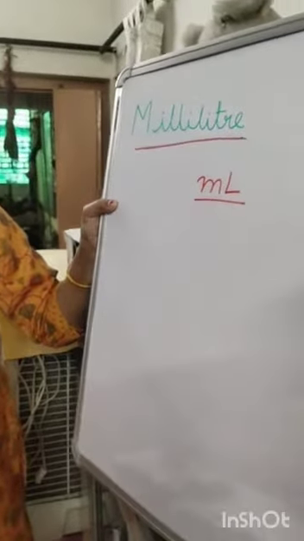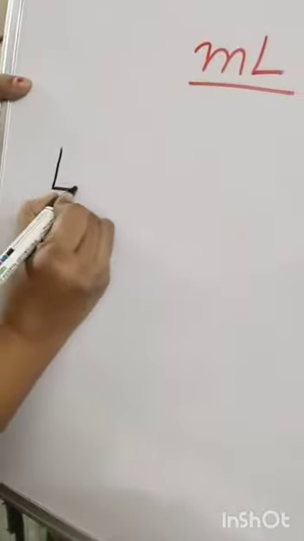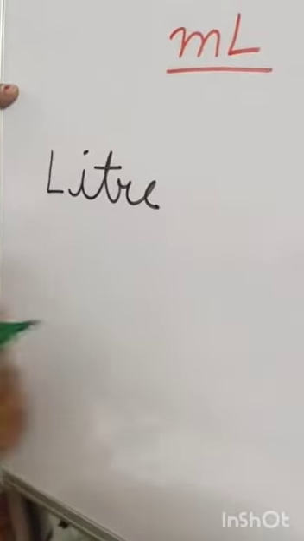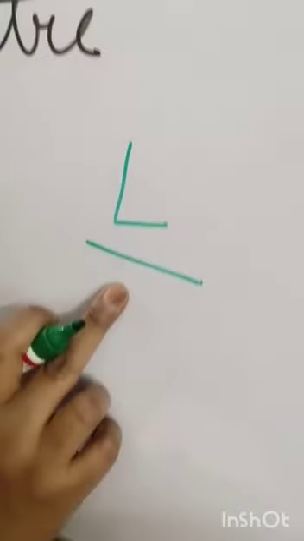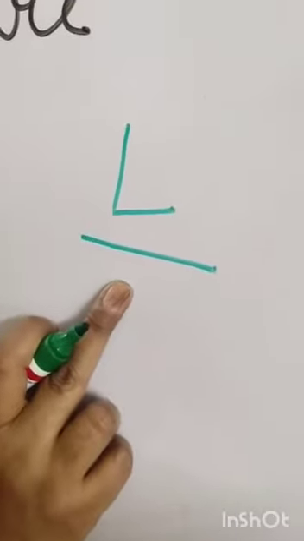And to measure the capacity of bigger containers, we use liter. And how to write liter in short form? Yes, capital letter L. Milliliter is small m, capital L, and liter is capital L. Is that clear?